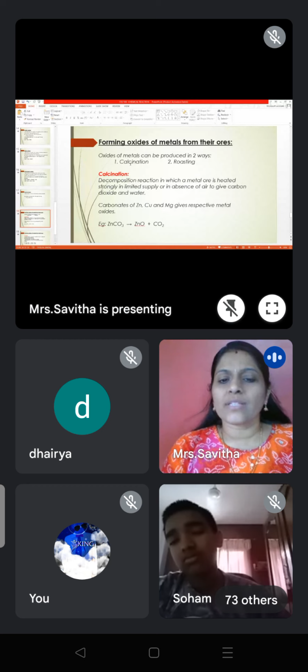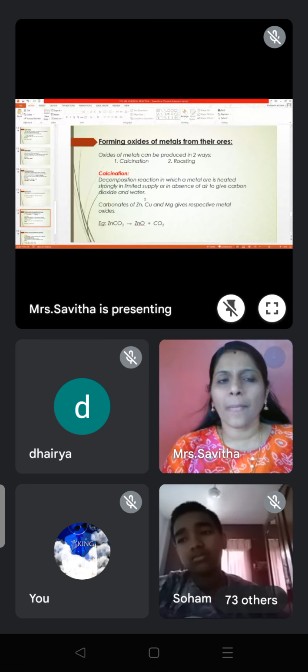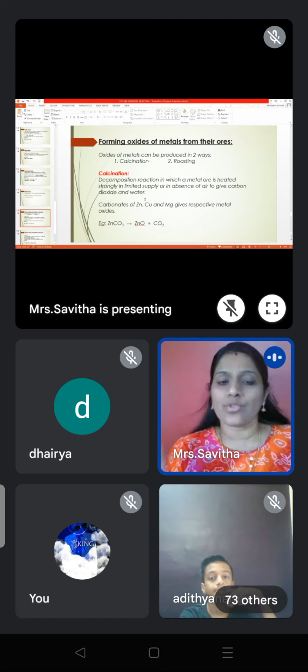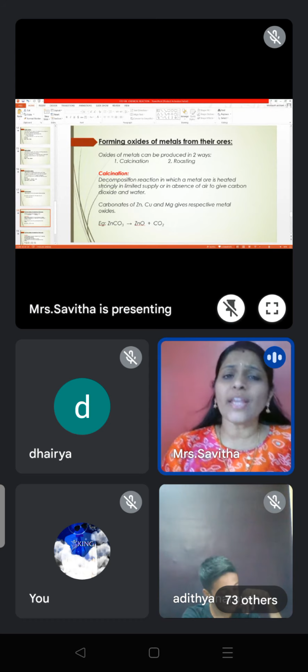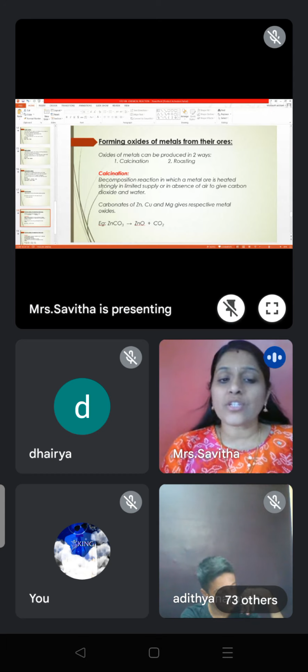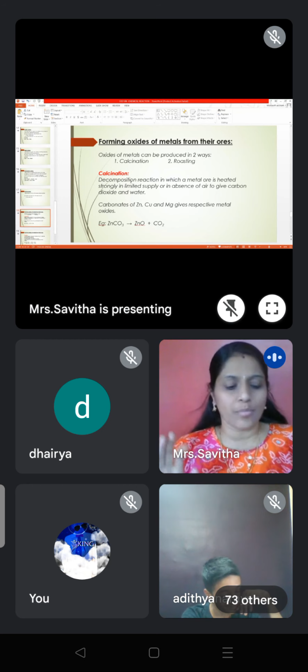So there are two ways: calcination and roasting. Here again, you can be asked to distinguish between calcination and roasting. What is calcination? The first word is decomposition reaction. This is very important.